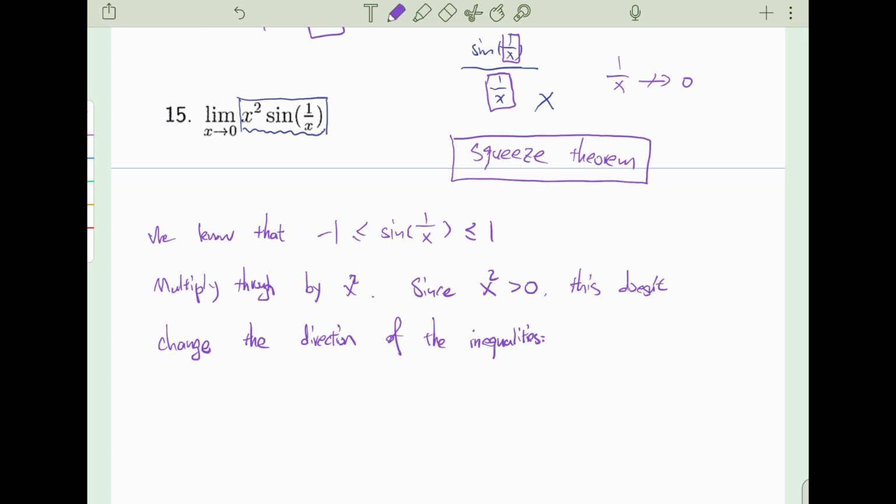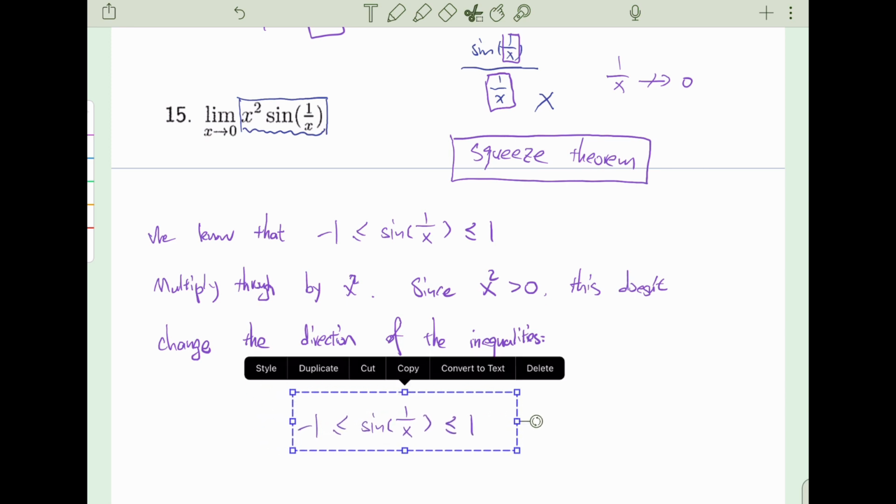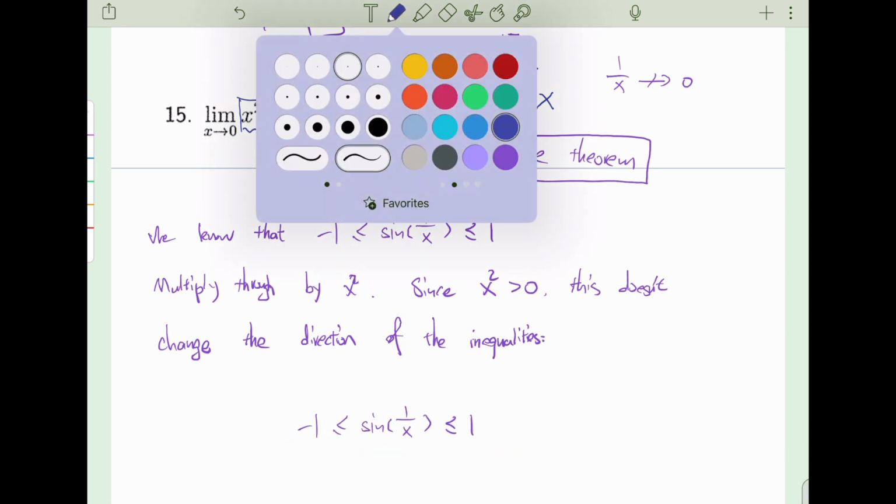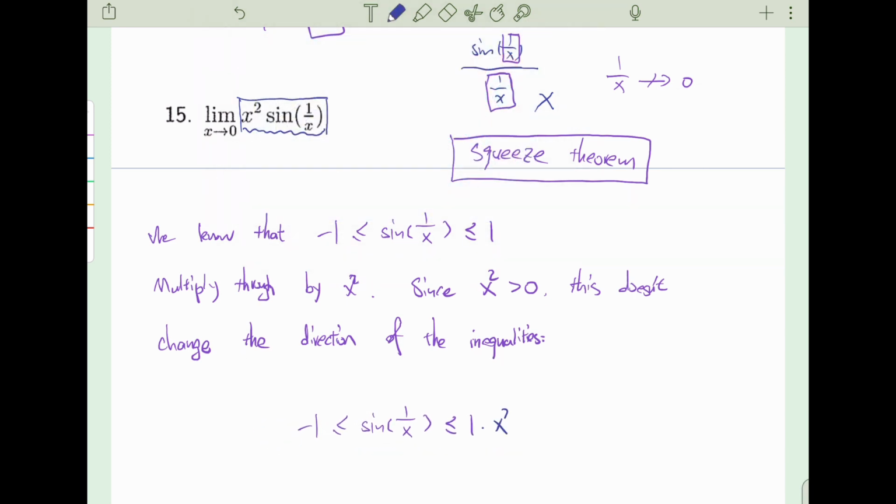So now I can multiply this inequality with x squared. So x squared goes here, here, and here.